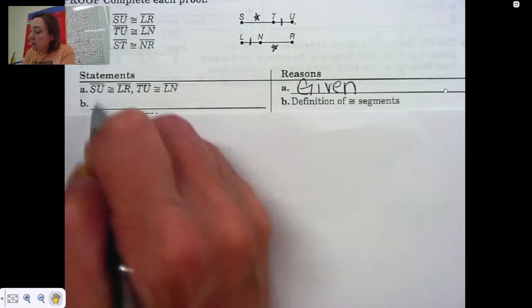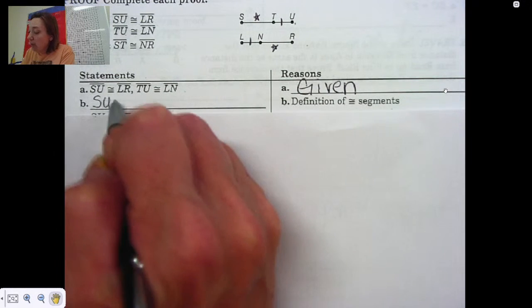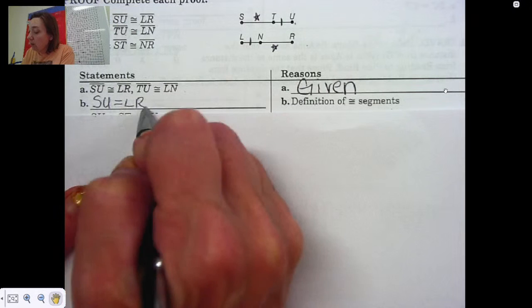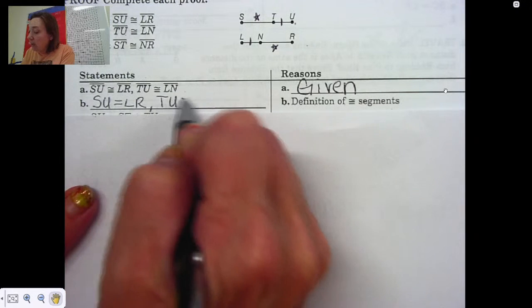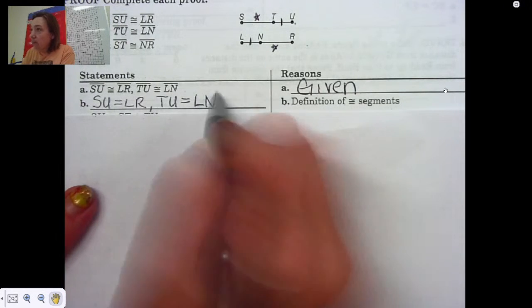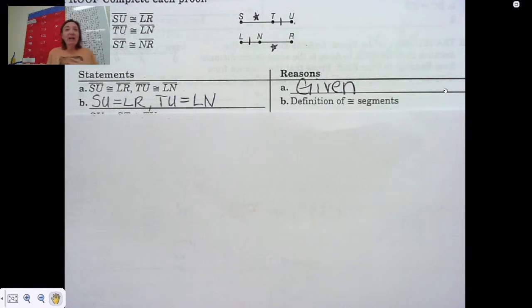So we go from they are congruent to saying that SU equals LR and TU equals LN. Now, I know that seems like we're splitting hairs talking about the difference between congruence and equals, but it is a difference. So we do have to go through that process of, well, the shapes are congruent, the measurements are equal. Now let's look at C.